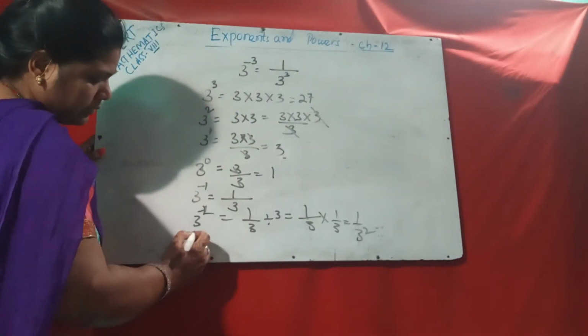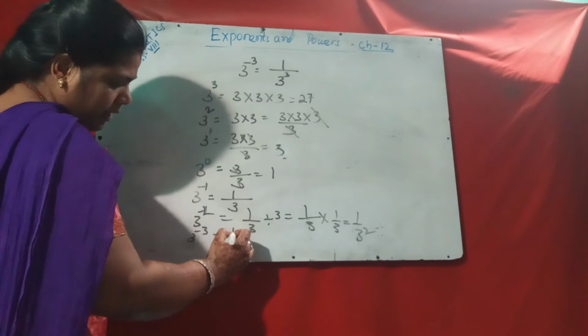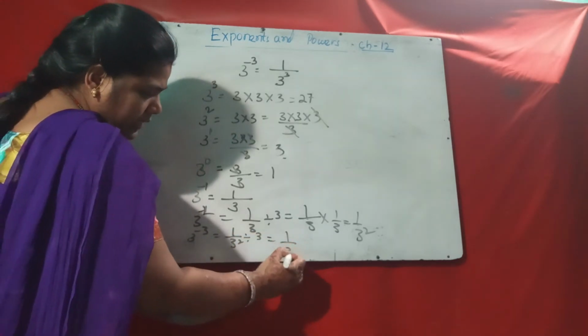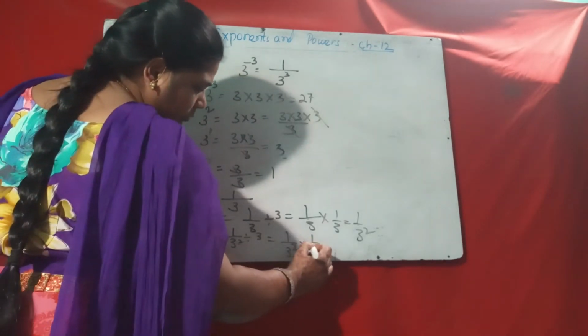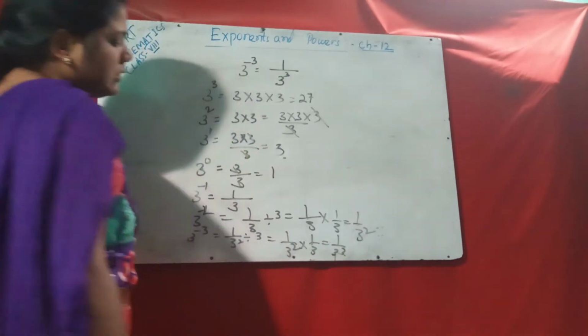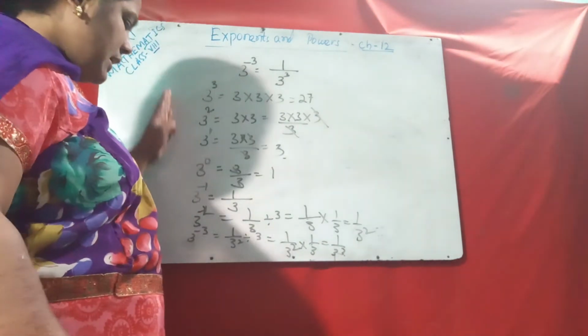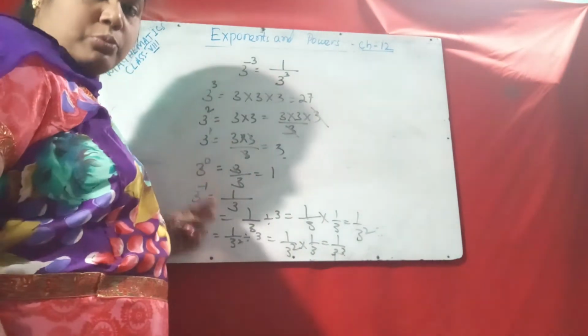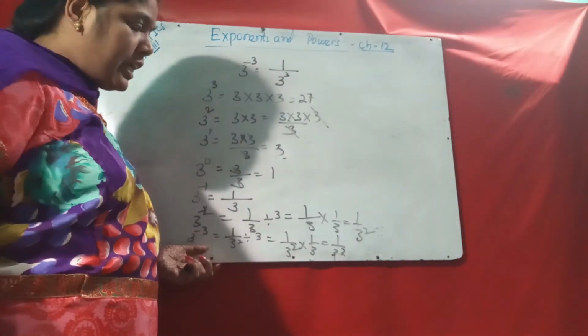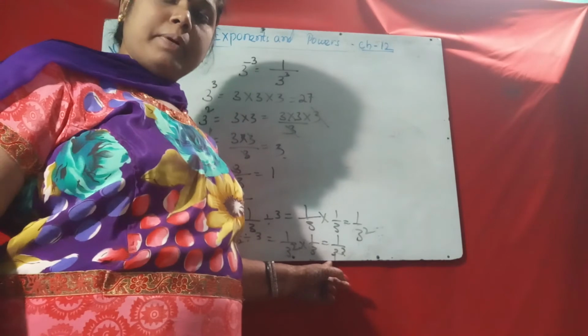Then 3 to the power minus 3, that means 1 by 3 square divided by 3, that is 1 by 3 square into 1 by 3, that is 1 by 3 to the power 3, 2 plus 1 is 3. So this is the procedure to know how 3 to the power minus 3 equals 1 by 3 to the power 3.